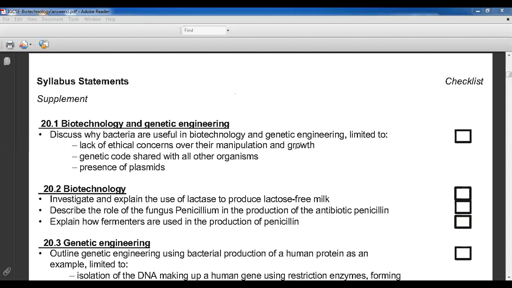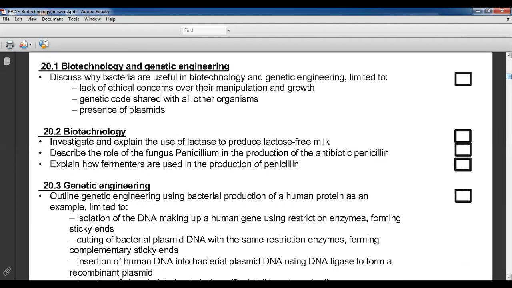Then we will discuss different processes used in biotechnology, like production of antibiotics, making milk lactose free, and the fermenter that we use for penicillin production, right? So all this we will discuss in detail.